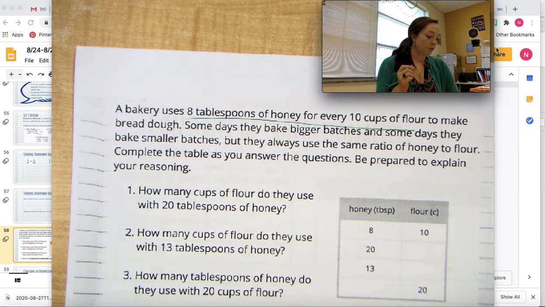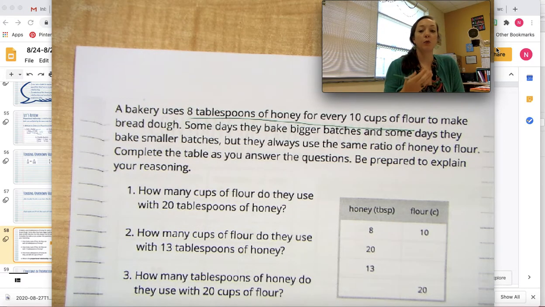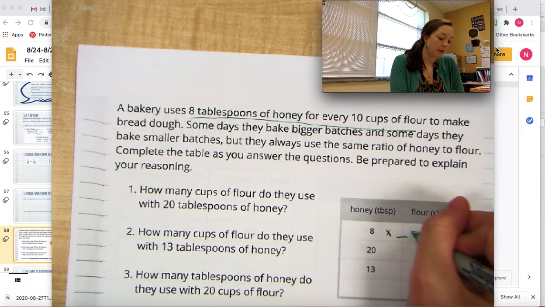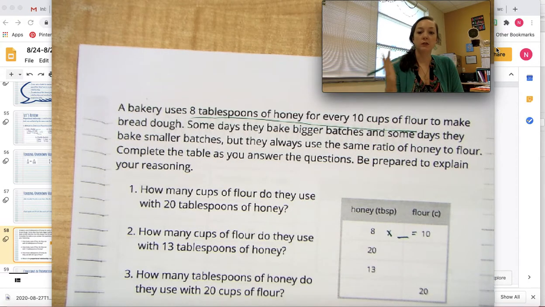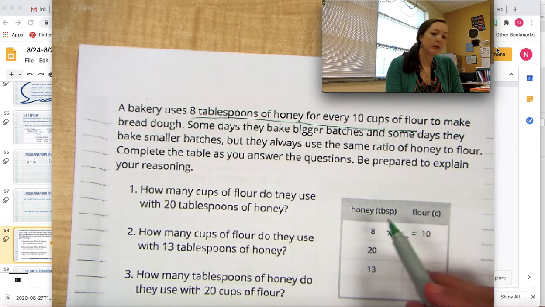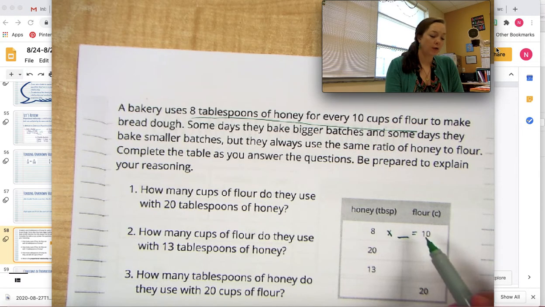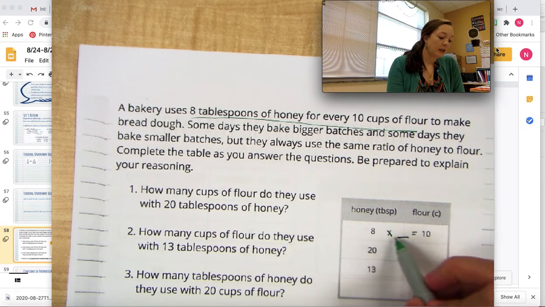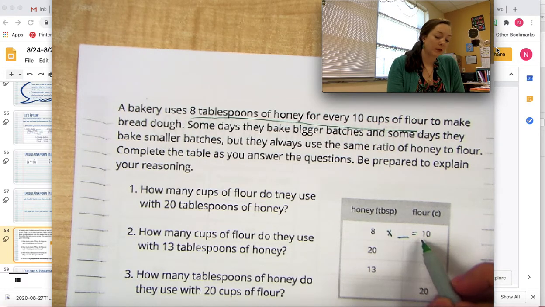So remember, when we have a proportional relationship, they have the same scale factor. And we know how to find scale factor because we know it is the number that you multiply by to go from one unit to the next. So 8 times some number gives us 10. Remember, if I don't know that it's going to be a whole number and I can't find a factor or multiple of something, I can divide, do the inverse operation.